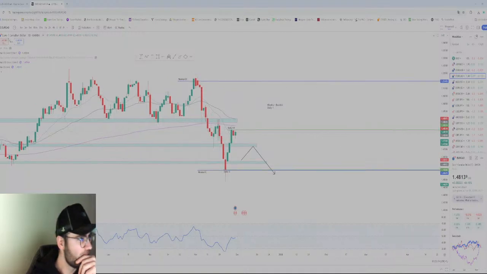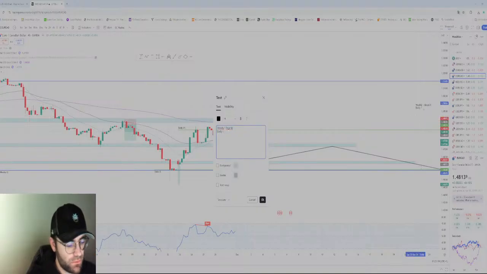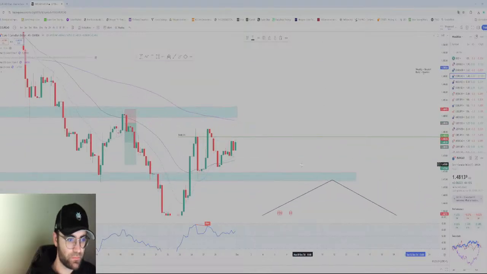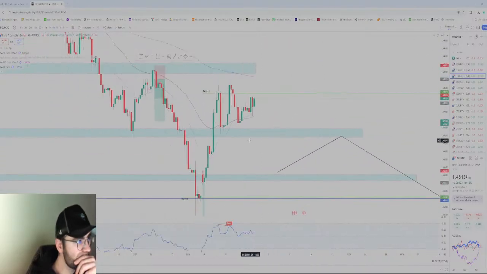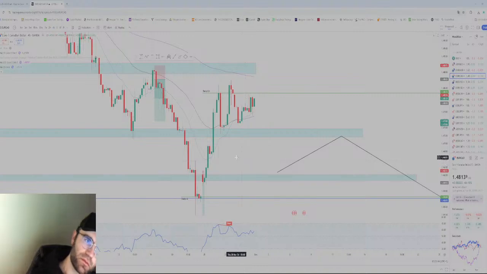Okay, let's look at the 4 hour. Oh, and we can note daily is bearish as well. Yeah, the 4 hour is bullish. Well, actually, I'm not sure. It's maybe still bearish. Actually, one sec.